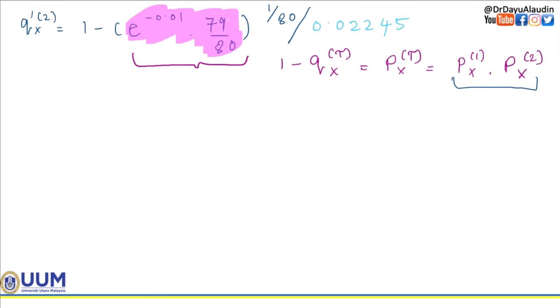So we take from the previous one, e to the negative 0.01 times 79 over 80. So this is qxj, 1 over 80. So qxj here is qx2, and this is qx tau.